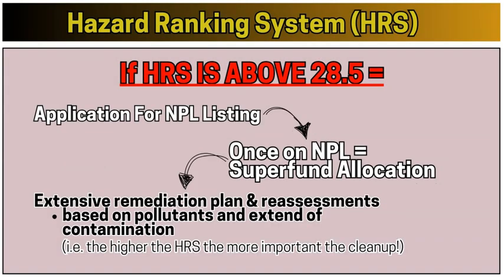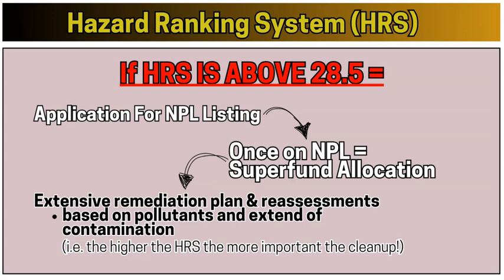If a site or facility is given a hazard ranking score above 28.5, then it is up for application to be added to the NPL, which is the National Priorities List. Basically, it's all the sites that are extremely polluted, dangerous, hazardous in the United States to any humans or the ecosystem.